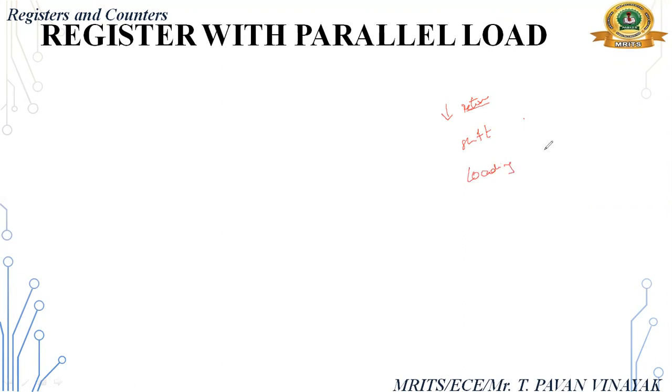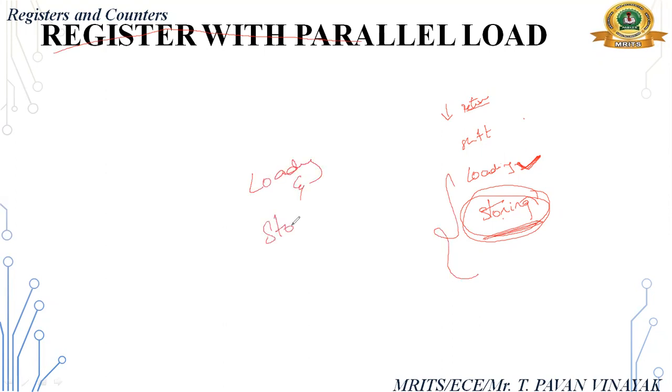But storing of data, how is data stored? Before storing data we have to load the data. So for that purpose, a register with parallel load performs two operations, loading and storing.